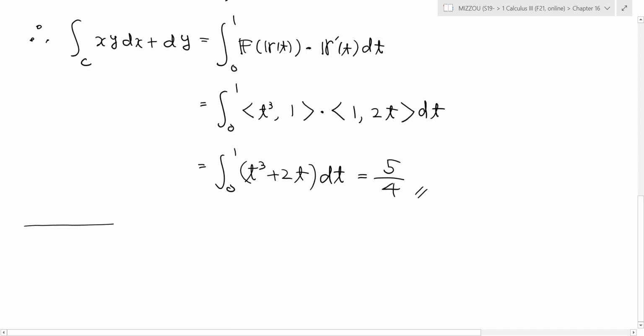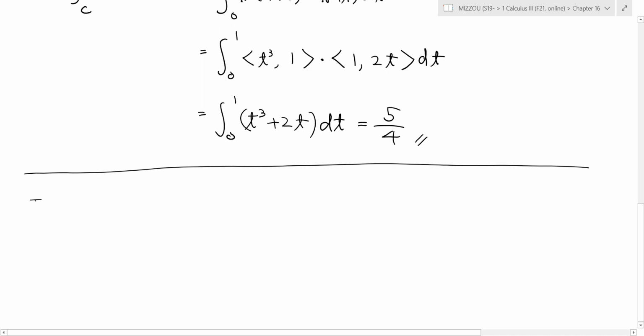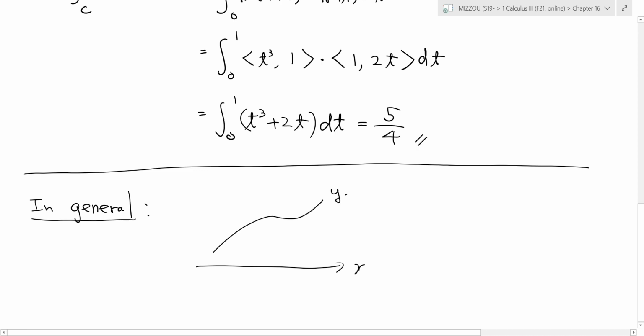So in general, if you have a curve on the xy plane given by y equal to f of x, from x equals a to x equals b, this is parameterized as r of t, where x is t and y is f of t.